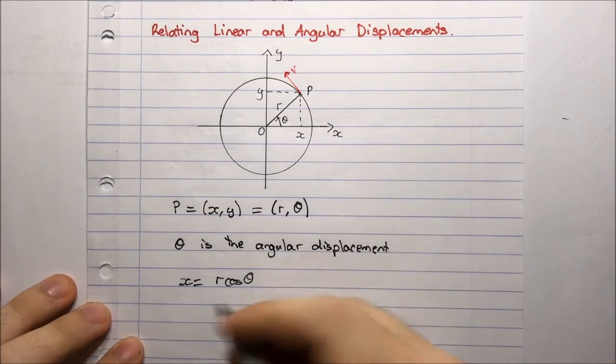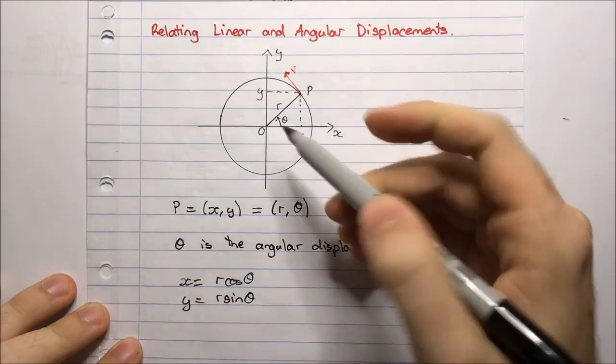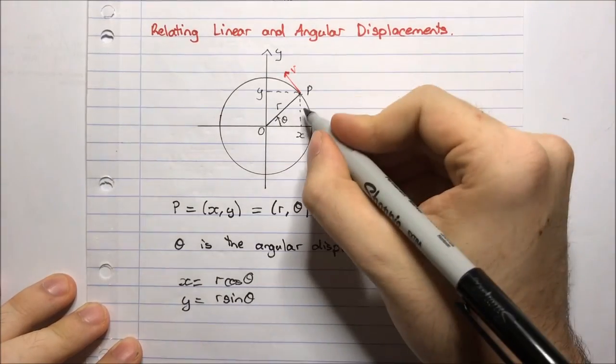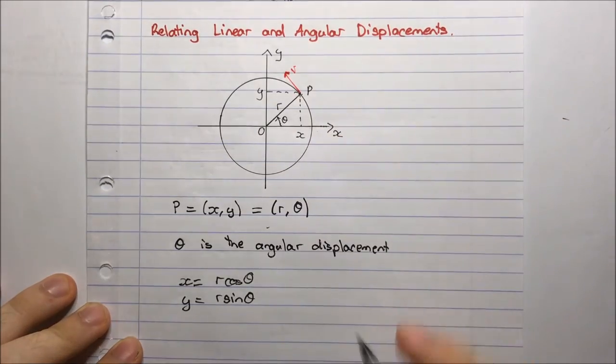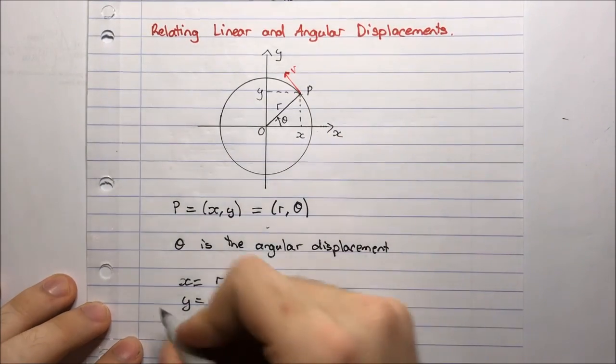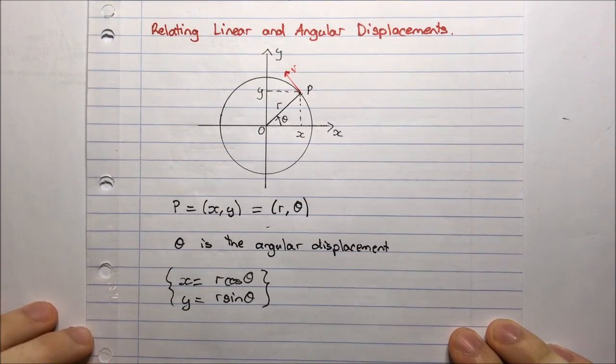And similarly, y is going to be r sine theta, because this would be opposite over hypotenuse. So this is just basic trig. Let's remember these because we're going to need to use them later.